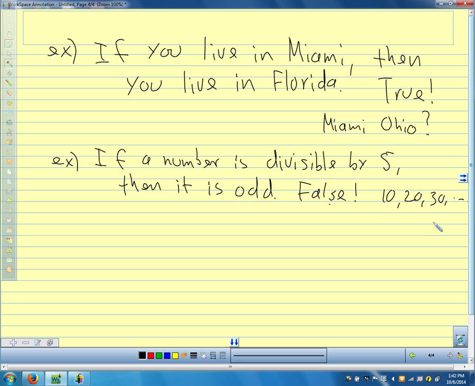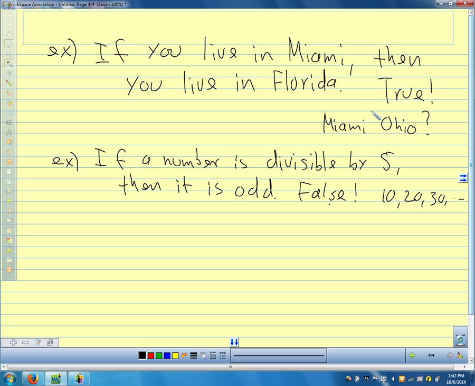So we're saying a conditional statement is true only if it's true always. If it's false even once, then we're going to say it's false. All right, are we good with truth value and counterexamples? We only need a counterexample if it's false. Now, what do we call something that we think is true?